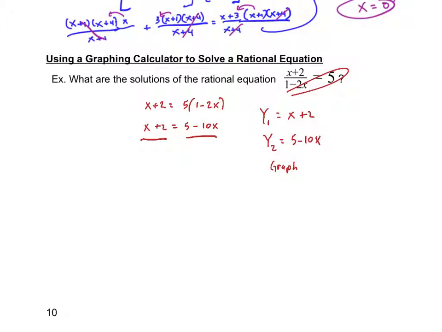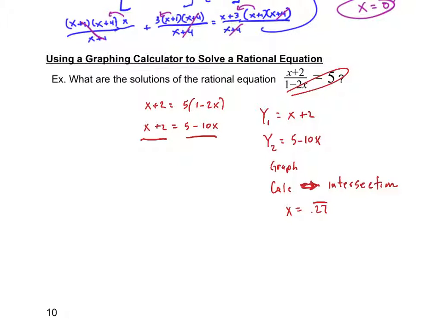You can go to calculate and then intersection, and that's going to give you, I believe, x = 0.27 repeating.